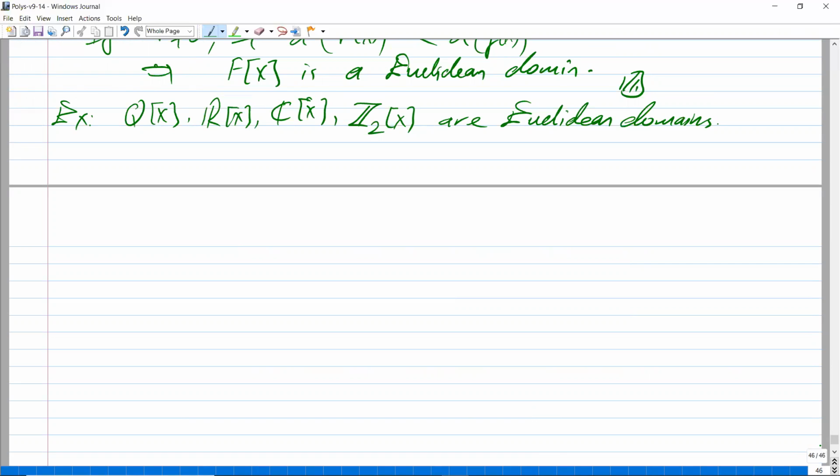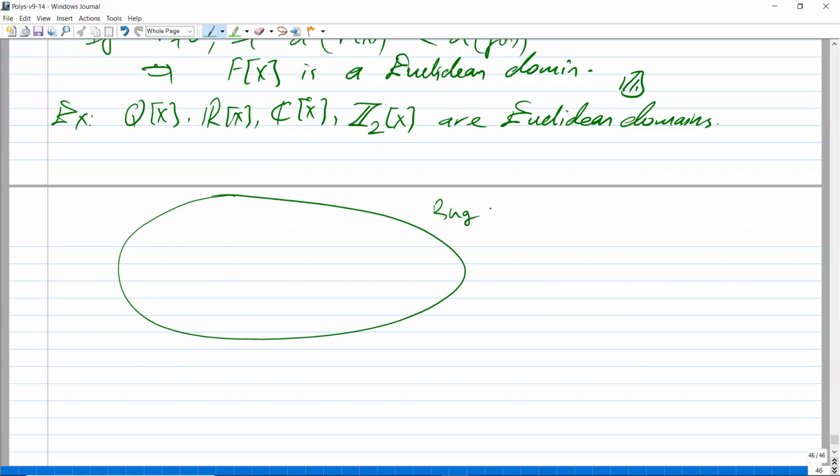And now we will show that, so it is something like this. If you have rings, let's say a ring as a set like this, some of them are integral domains, some of them are not.